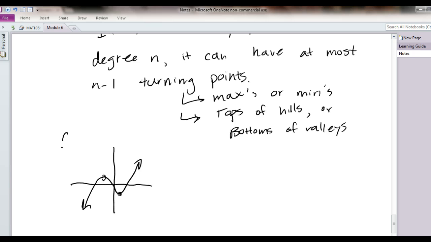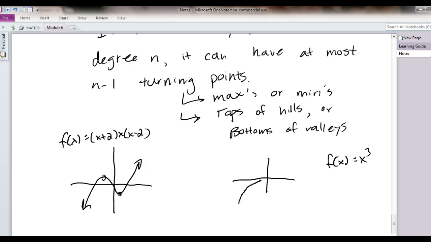This would be something like f of x equals (x plus 2) times (x minus 2), and that graph would look like this one. But if we look at the simpler function, f of x equals x to the third power, that goes straight up. So it doesn't stop and actually turn. It's increasing across its entire domain. So this one has 2 turning points. This one has 0 turning points.